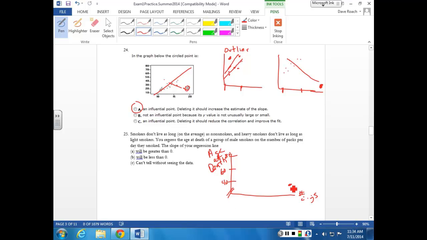If you smoke some cigarettes, your age of death is going to be higher. You're going to live longer. And if you don't smoke cigarettes at all, then it might be like that. I know those numbers aren't exact, but that would be the general kind of relationship. And so the slope is going to be negative, so it's going to be less than 0.